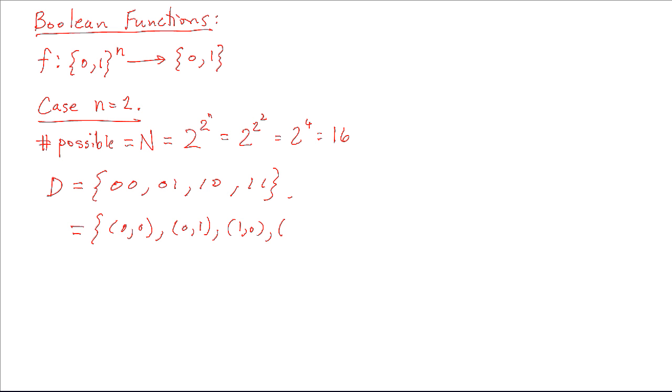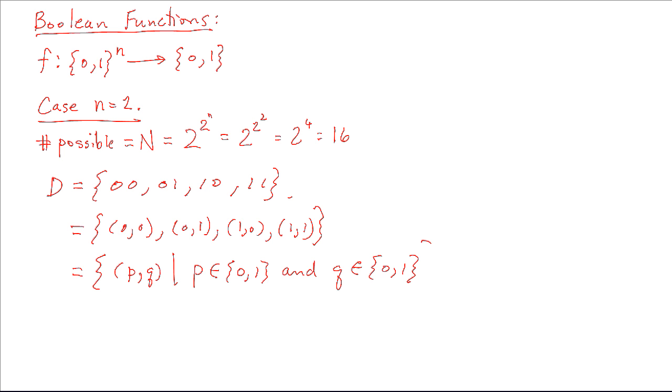Using some set theory notation, just for practice, I could write this set in set builder notation as the ordered pairs P, Q, such that P is an element of the set 0, 1, and Q is an element of the set 0, 1 also. Okay, so that's the domain.